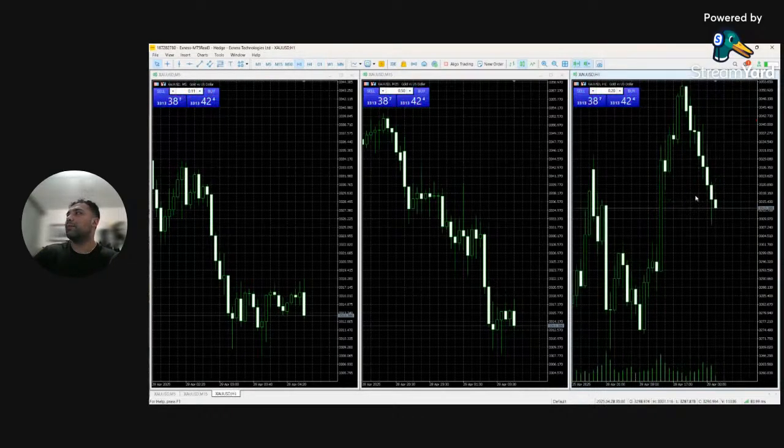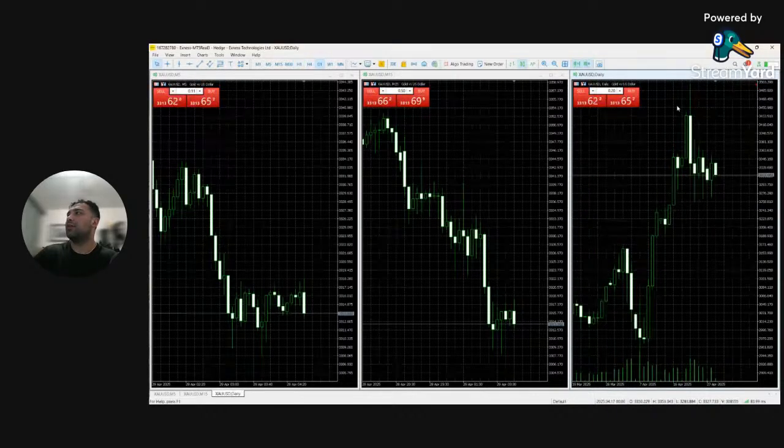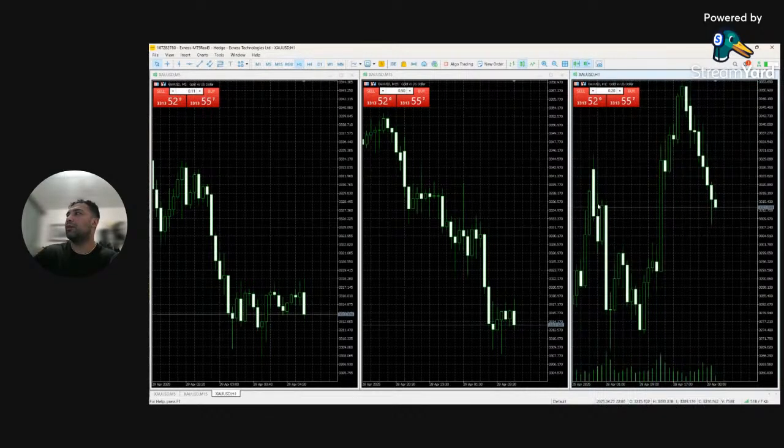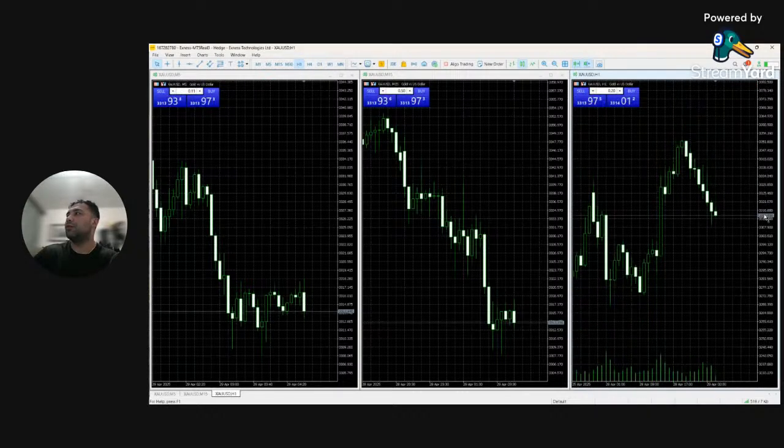If we look in 1 hour, we wouldn't be able to see this part, but we can see that the price went up here. If we compare it with daily, it couldn't break that level, but is still on the downside.